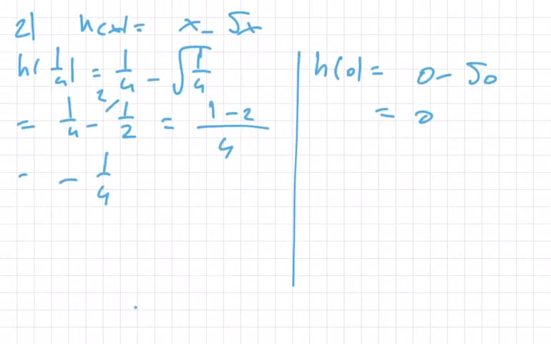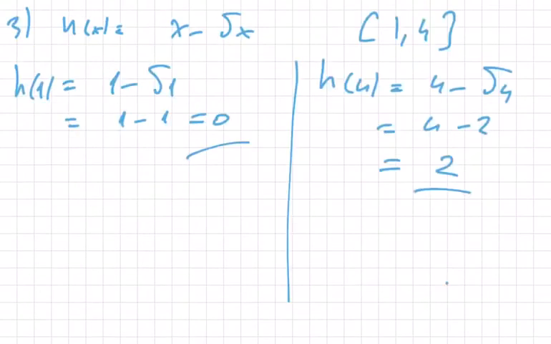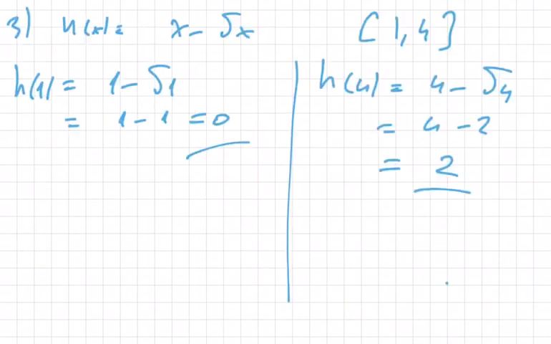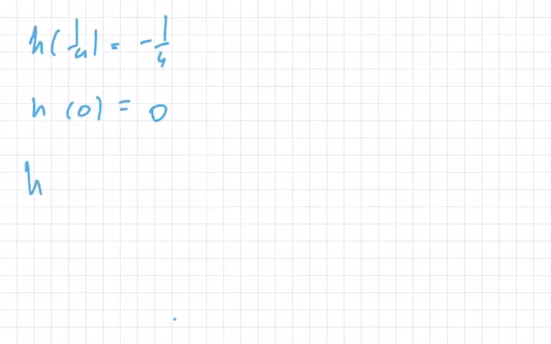The first answer: h of 1 over 4 is equal to negative 1 over 4. h of 0 is equal to 0, and h of 1 we have 0 again, and h of 4 we have 2.